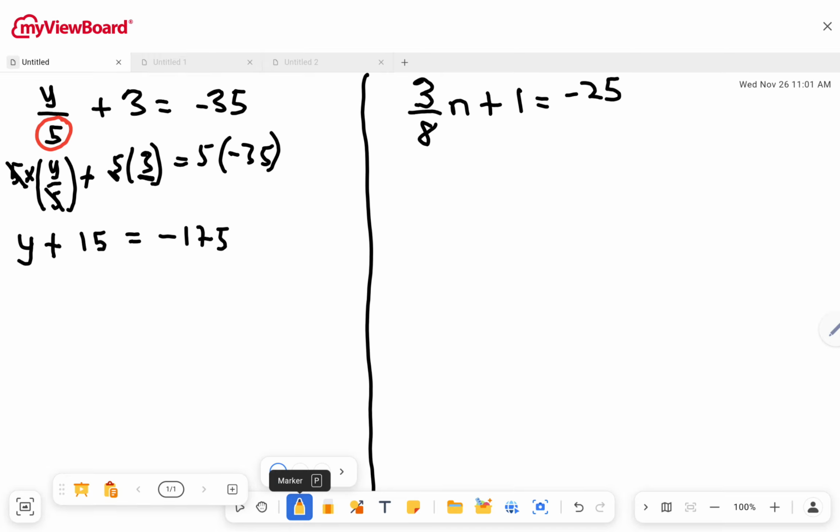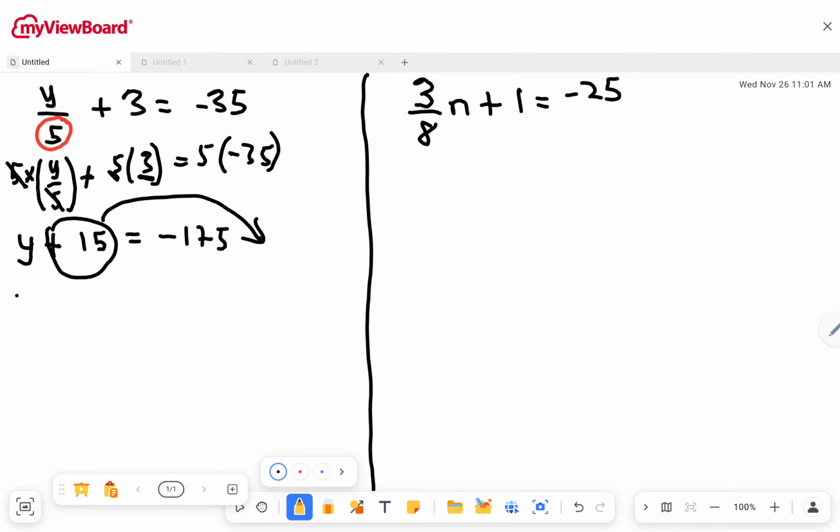Now, because we are finding the value of this y, we have to transfer this positive 15 here to this side of the equation. And you know, when you transfer this positive 15 to the other side of the equation, if it is positive, it must change to negative. And if it was negative, it must change to positive.